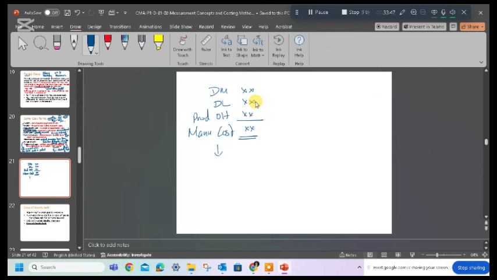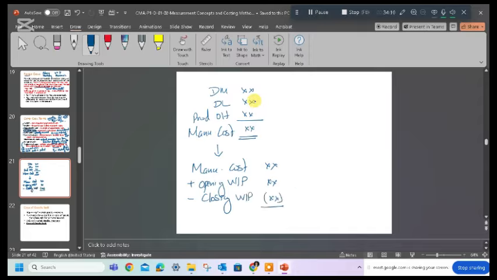Then this manufacturing cost plus opening work in progress minus closing work in progress. Work in progress means half completed items, part completed items.